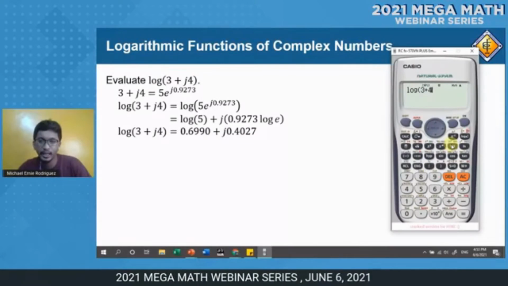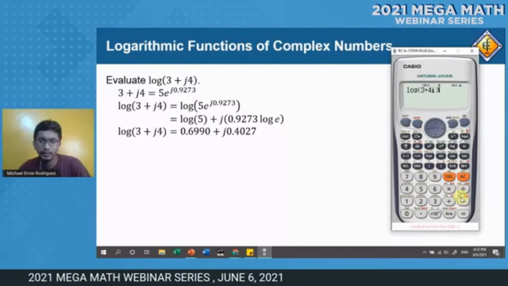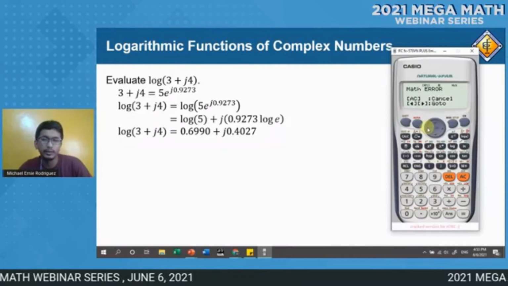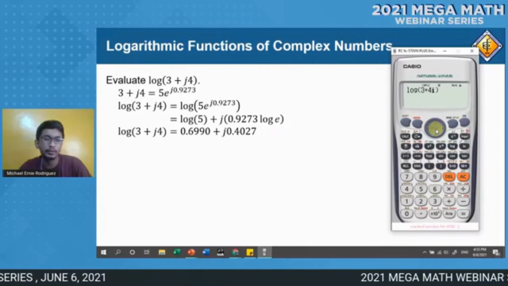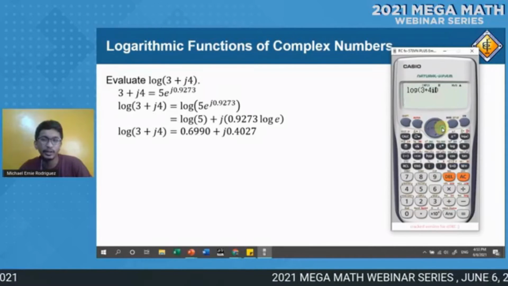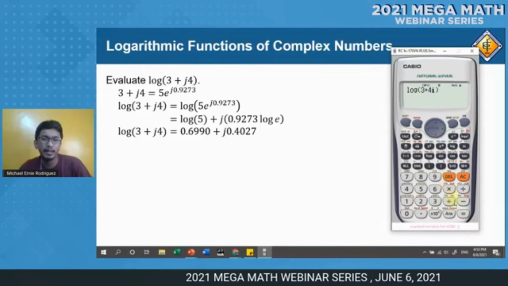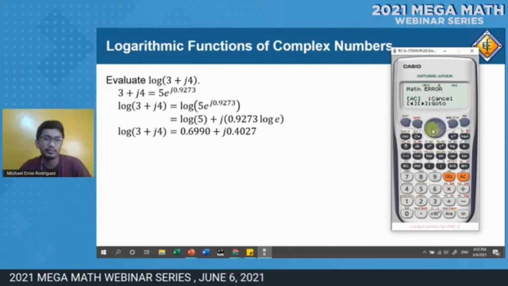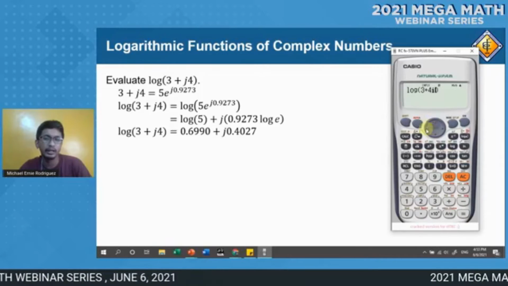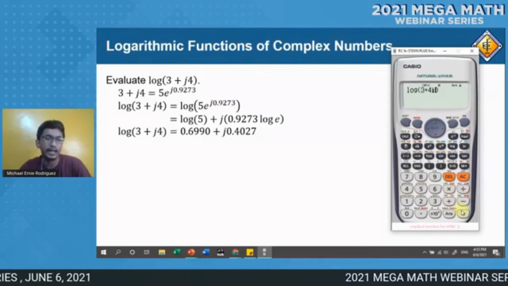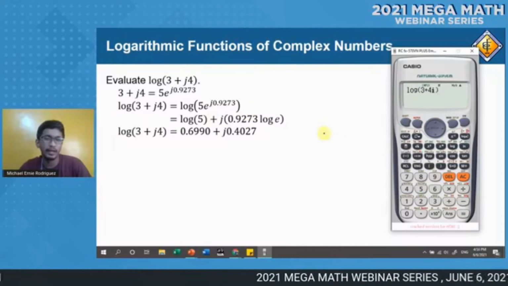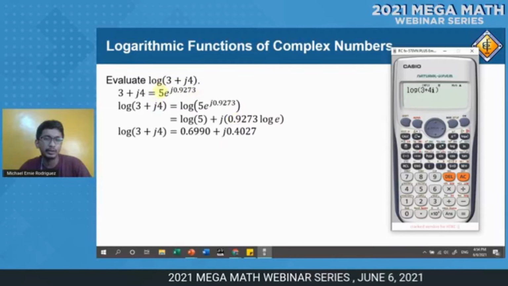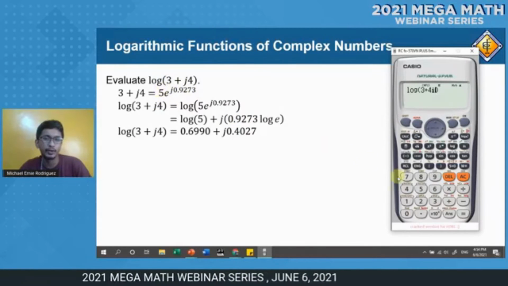So try ko nga kung kaya niya dito. So 3 plus 4i. Kapag in-input mo to direkta on your calculator, so we have logarithm of 3 plus 4i, di ba? Input mo to sa calculator, this is math error. Same with ln natin. So ln ng 3 plus 4i, that is also math error. So we apply this formula, di ba? So na-convert natin to exponential form.